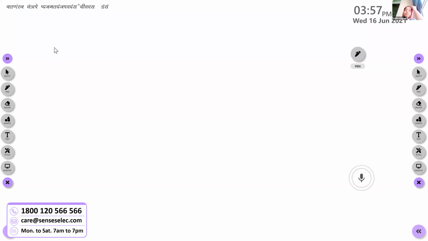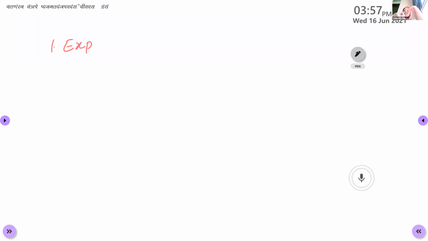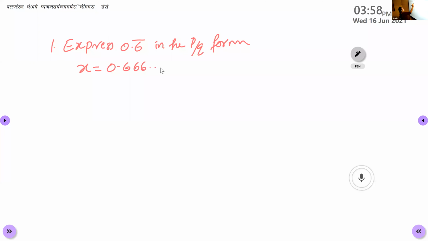So express 0.6 bar in the P by Q form. First we will write, let x equal to 0.666.